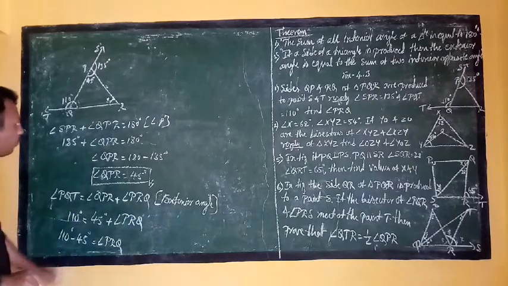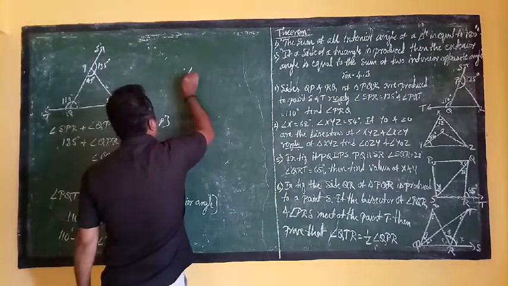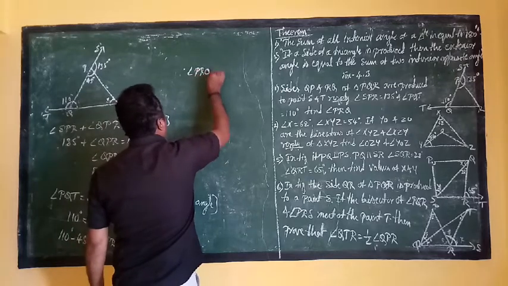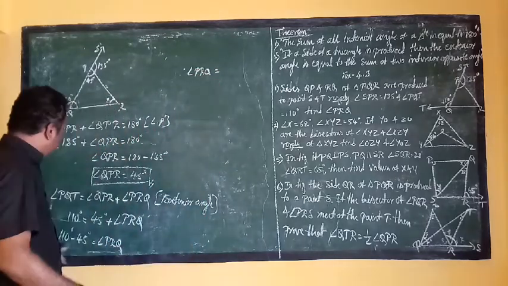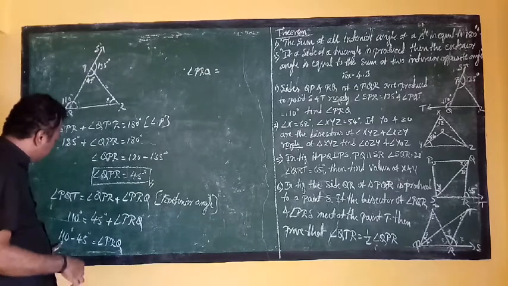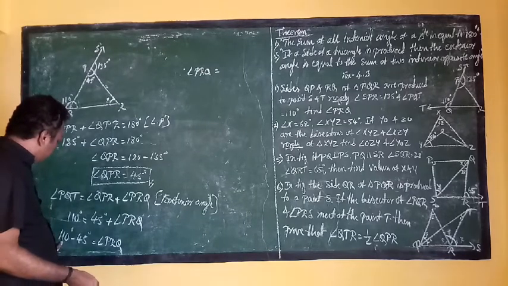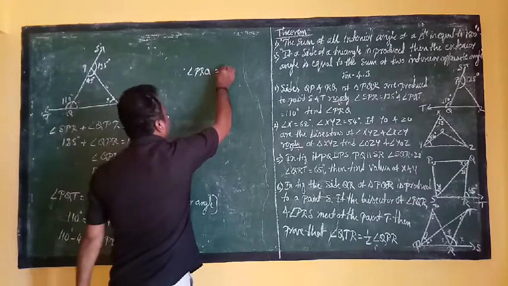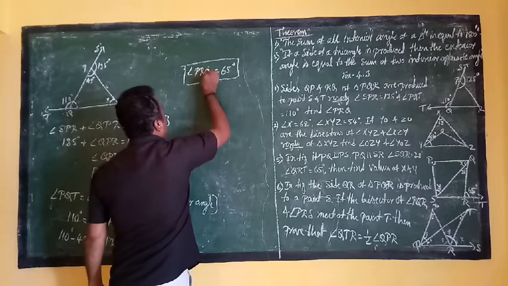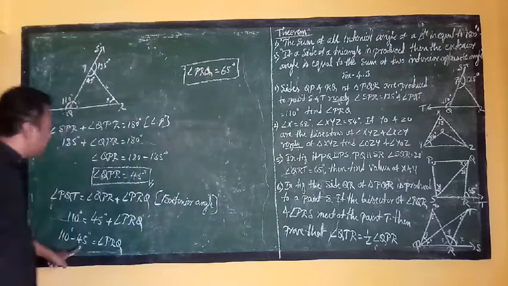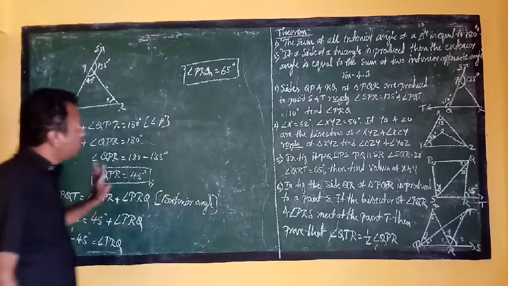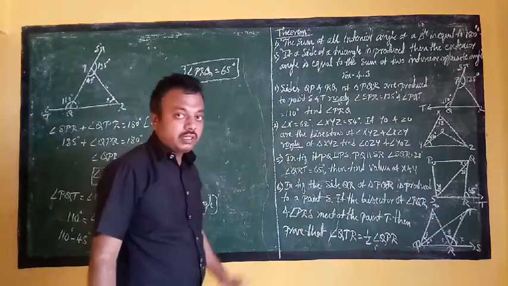Therefore angle PRQ is equal to 110 minus 45, which is 65 degree. So angle PRQ is 65 degree. 65 plus 45 is 110, right? Understand students? So like this we have to calculate. That's all. Question number 1 is over.